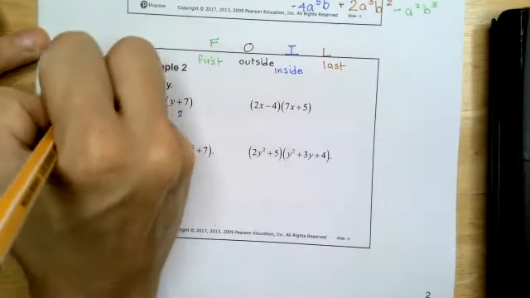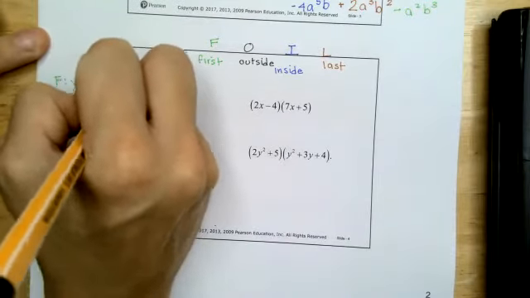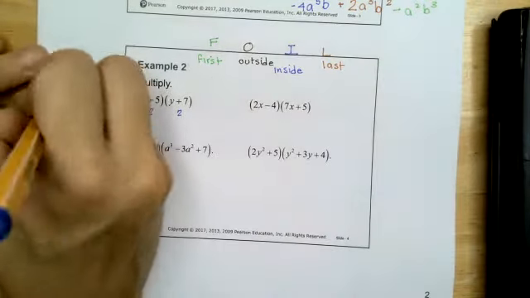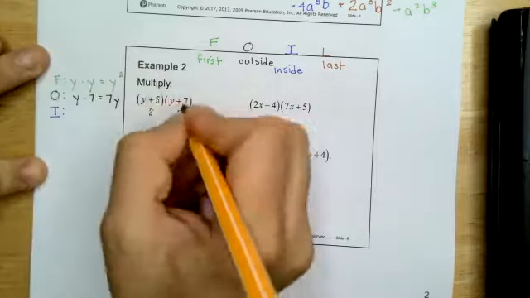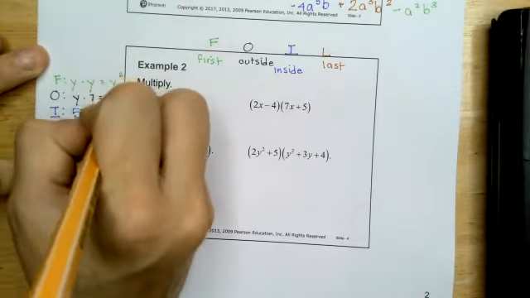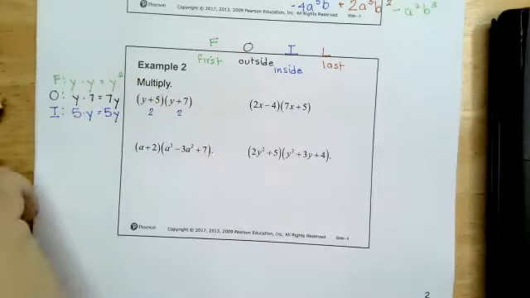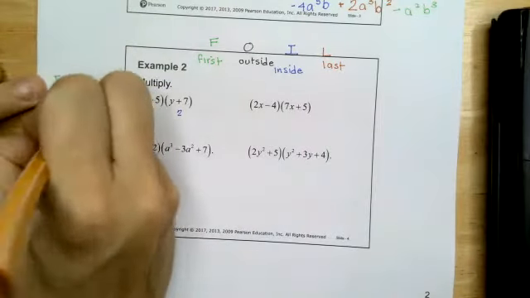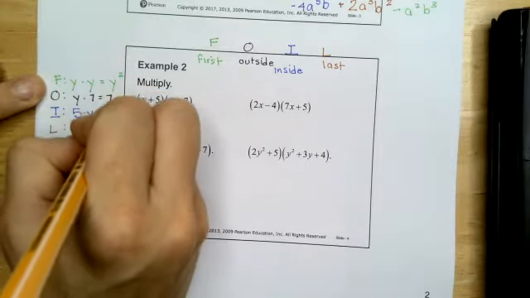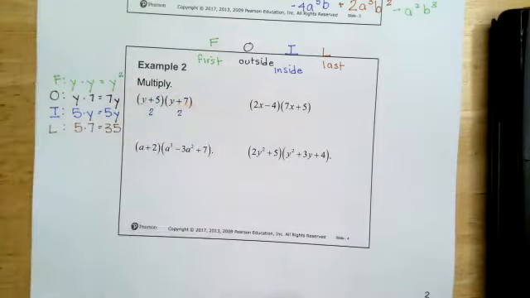So that's y times 7, which is 7y. My inside terms are 5 times y. And then my last terms that I will multiply together are 5 times 7. A positive 5 times a positive 7 is 35.